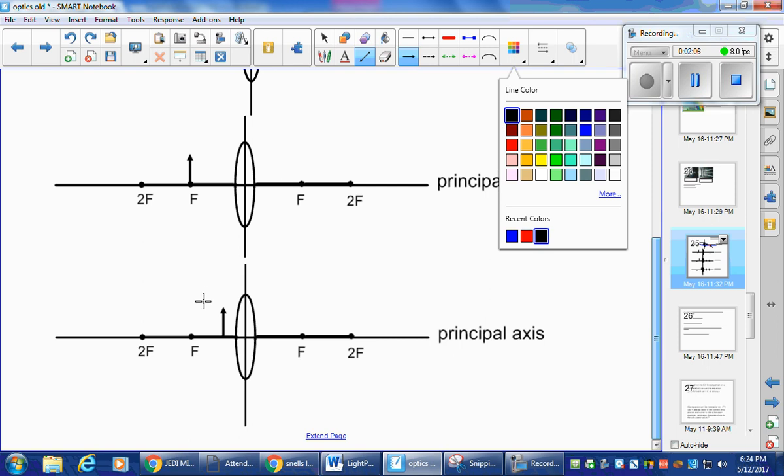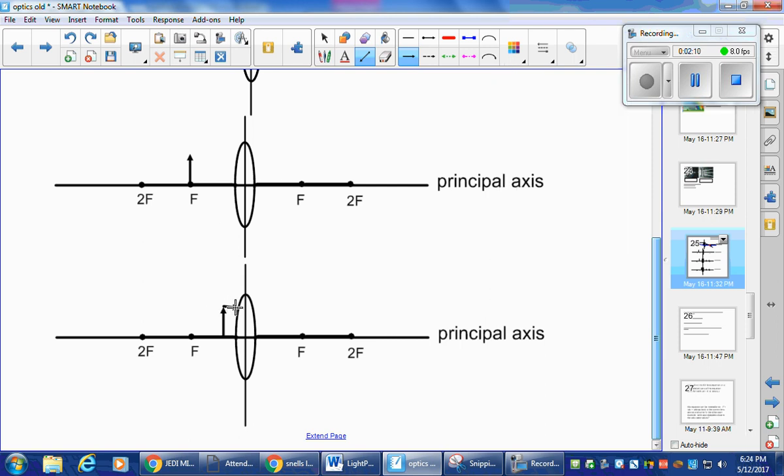Okay, so the first law is what? Parallel to the principal axis until it hits the center of the lens. And then what's it do? Well, that's not parallel at all. Once it hits there, it's going to try to go through the focal point on the opposite side.